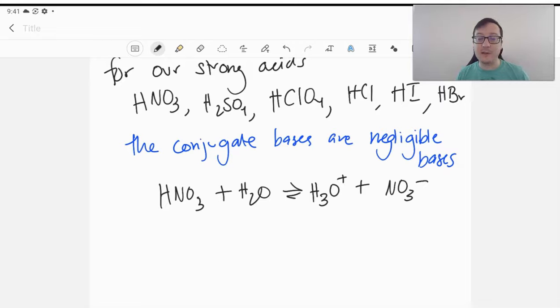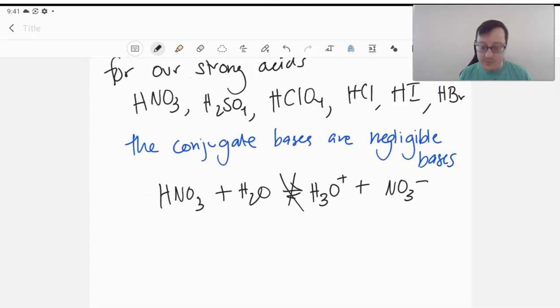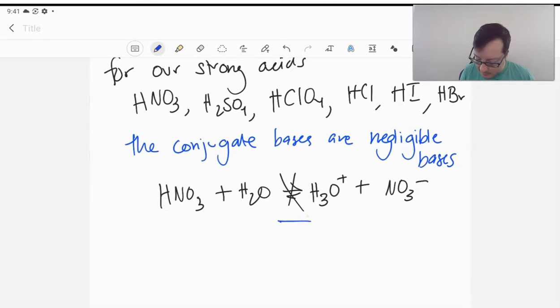The equilibrium so favors the products that we don't really see the reactants at all. We don't see nitric acid as such. We see H+ and nitrate in solution. So we can get rid of the equilibrium arrow and put in a regular reaction arrow that we're used to seeing.